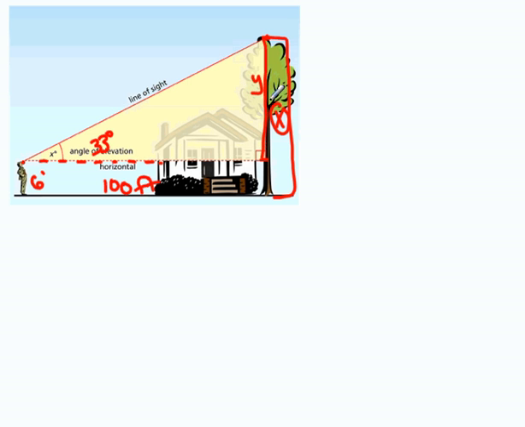And once we find the height, then we know that the height of the tree, x, would equal y plus the height of the observer's eyes. So that's the reason why we have that 6 feet here. We know that the observer's eyes are 100 feet from the base. So in relationship to our 33 degree angle, we are looking at the opposite of y and the adjacent of 100.